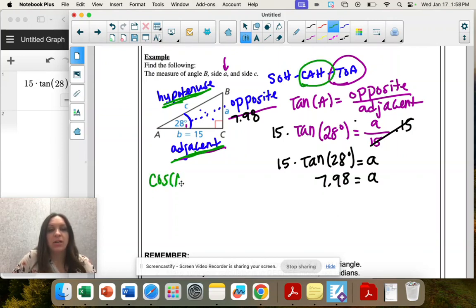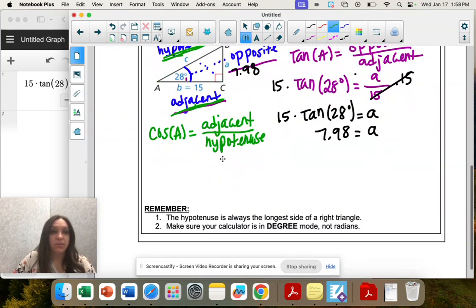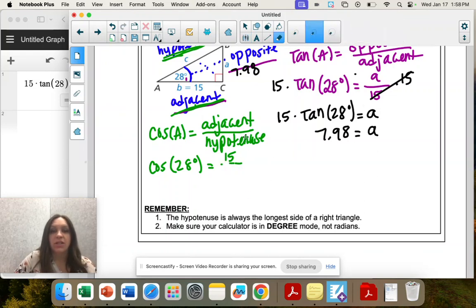So cosine of some angle is adjacent divided by hypotenuse. That's your setup. Then you plug everything in. The angle's 28 degrees, the adjacent side's 15, and the hypotenuse is what we're trying to solve for. Oh, it's actually C, not X.